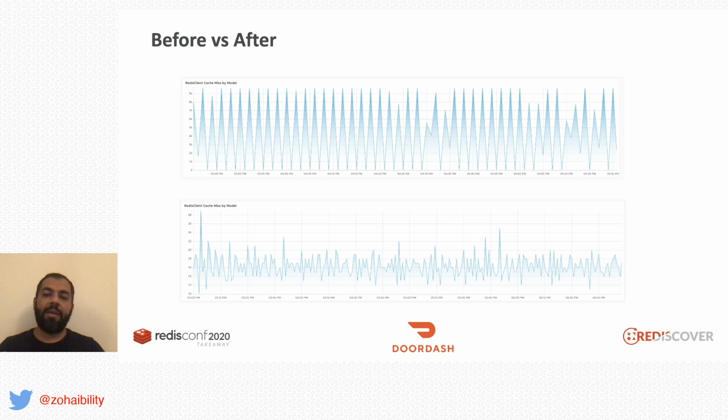This spiky nature that you see on the top is a typical thing that you would see on the database and Redis, and that's a perfect indicator of a key expiring and everybody rushing in to read, and due to high traffic, you would see pretty high peaks. In this case, they were around 9K, and at the bottom, the moment we introduce this mechanism, it's like 22, 30, 28, which is pretty encouraging. Think of the amount of round trips each of these services saved and the latency improvements that you would see just by doing this.